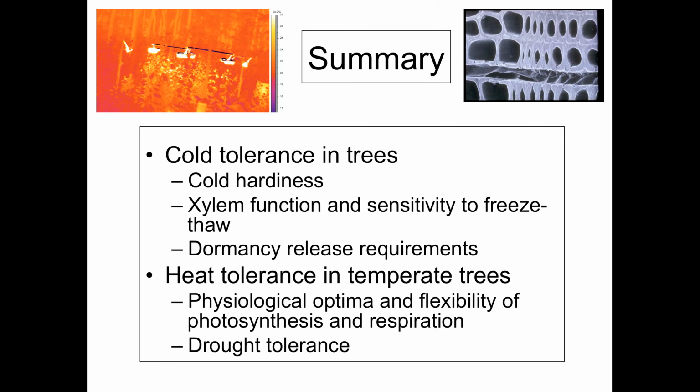Heat tolerance, largely in temperate trees, has to do with their physiological optima and the flexibility of photosynthesis and respiration, largely relative to their competitors. So those that are able to shift their physiology to better match prevailing temperatures presumably will gain more carbon, grow more, and have a competitive advantage. And then the other key aspect of heat tolerance in temperate trees is their ability to withstand drought, since heat and drought tend to go hand in hand.